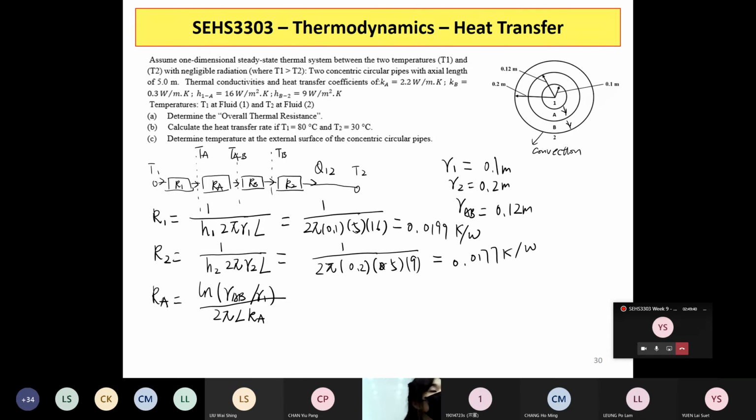This is RA. RB equals ln R2 over RAB divided by 2 pi L times the conductivity. Any problems?